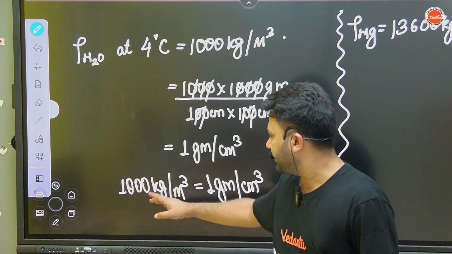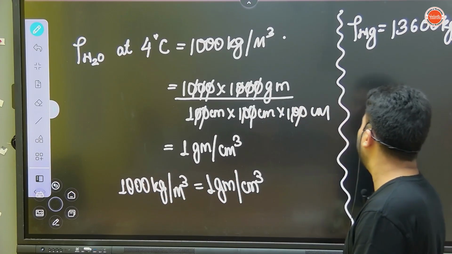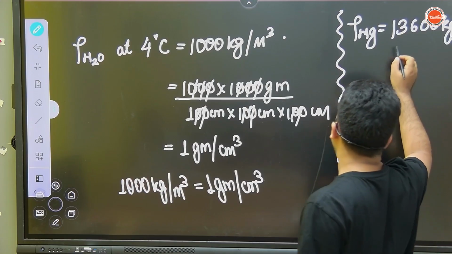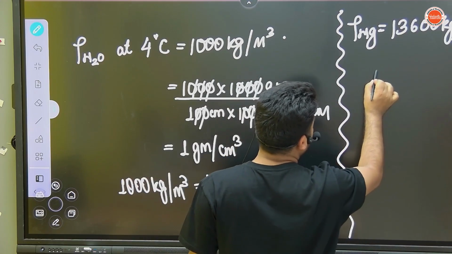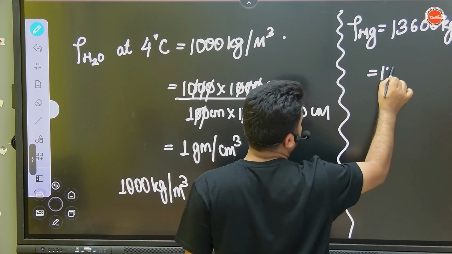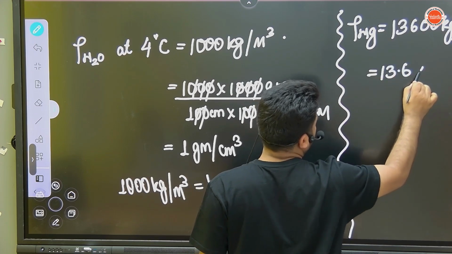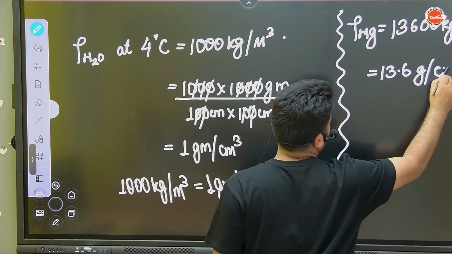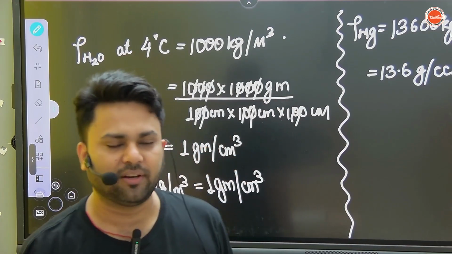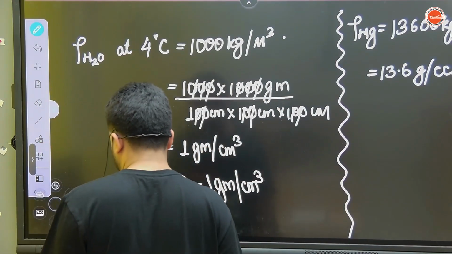So the density of mercury is 13600 kg per meter cube. If they ask the density of mercury in gram per cc, divide by 1000 and you get 13.6 gram per cc.